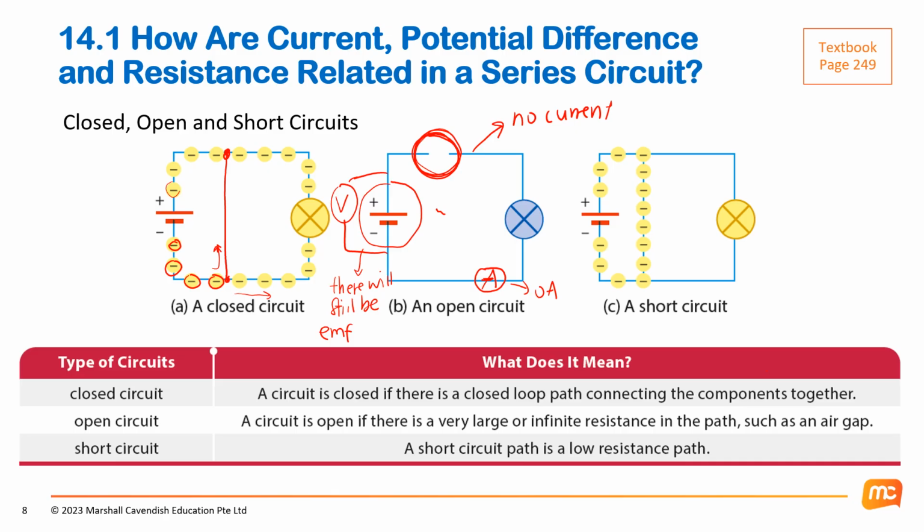Right? And you think about just now the example that we had, usually the larger the resistance in one of the branch compared to the other, if there's a larger resistance, there will be less current moving through.